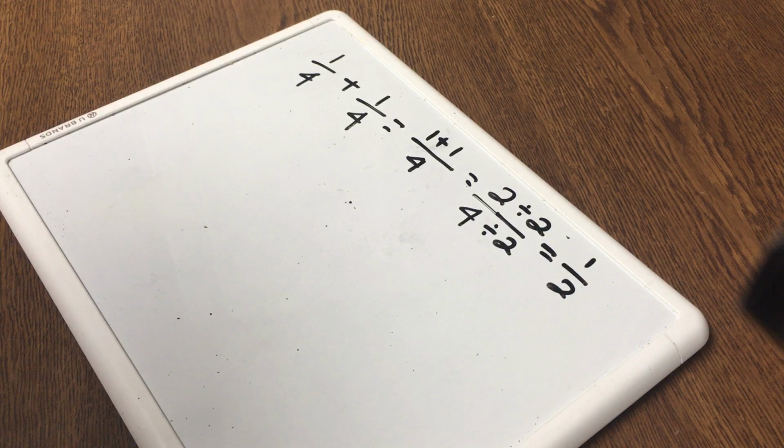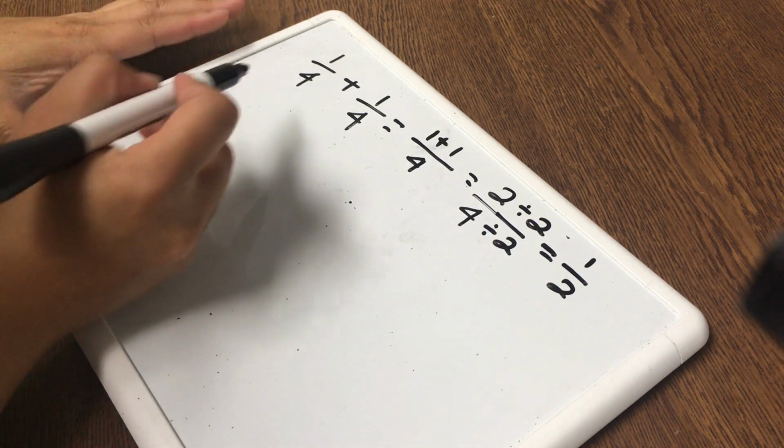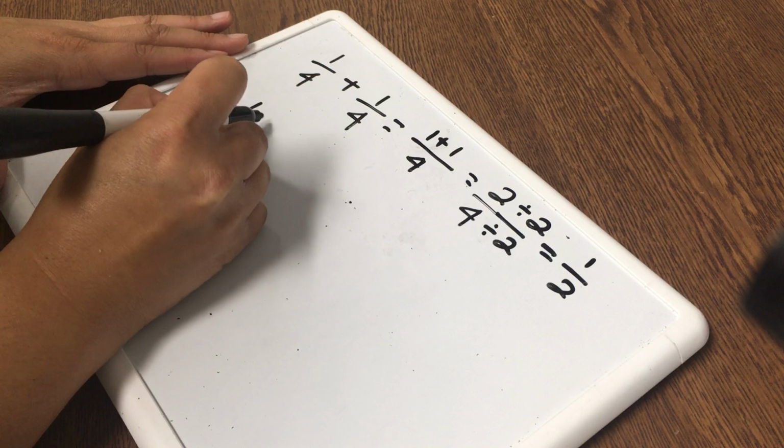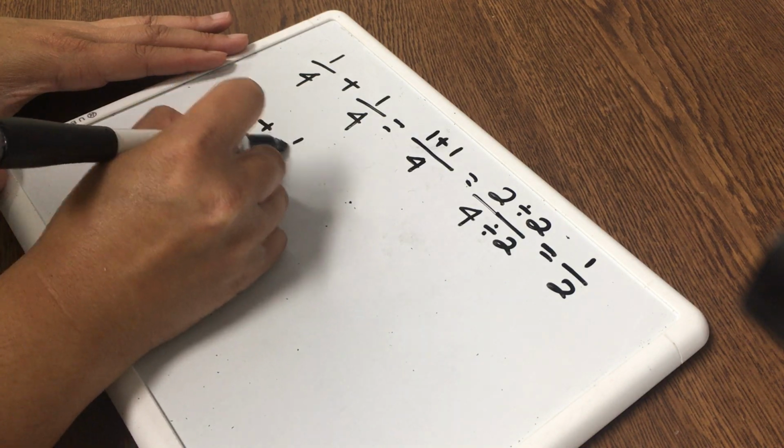So what do you do when your denominators are different? Let's give this a try. 1/2 plus 1/4.